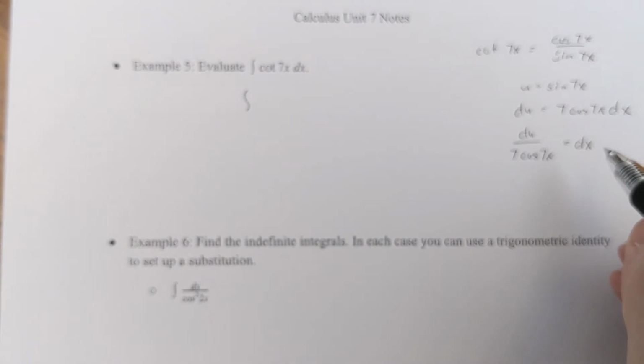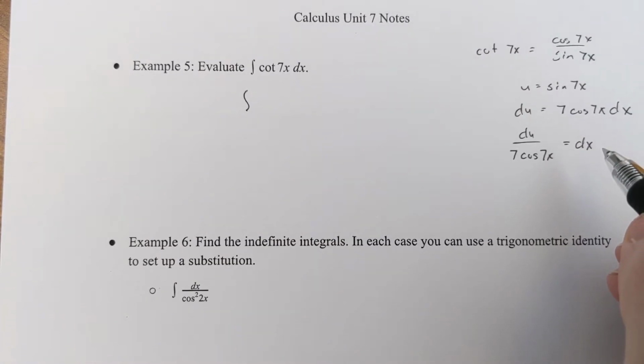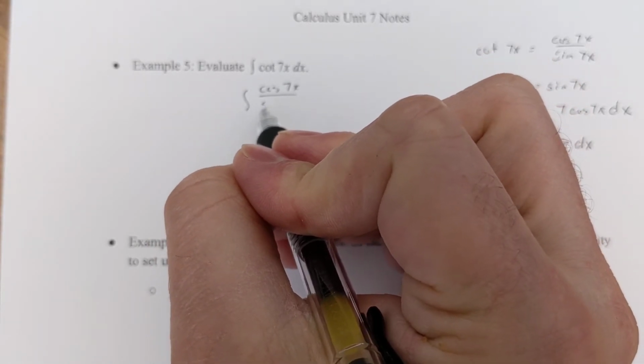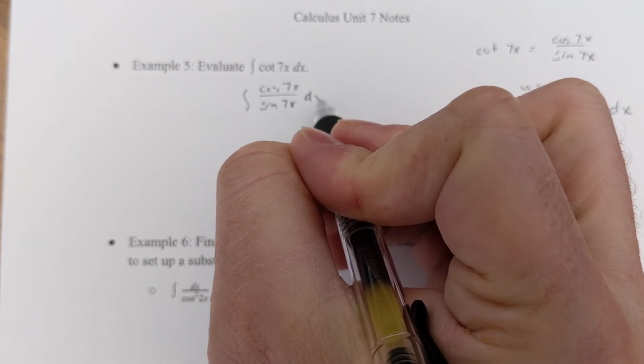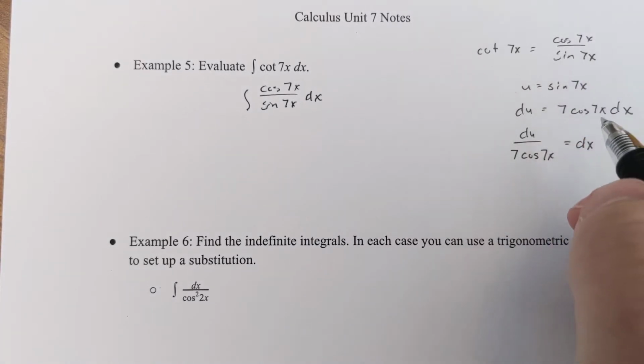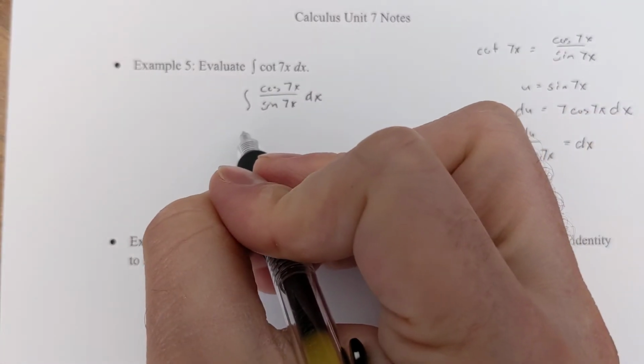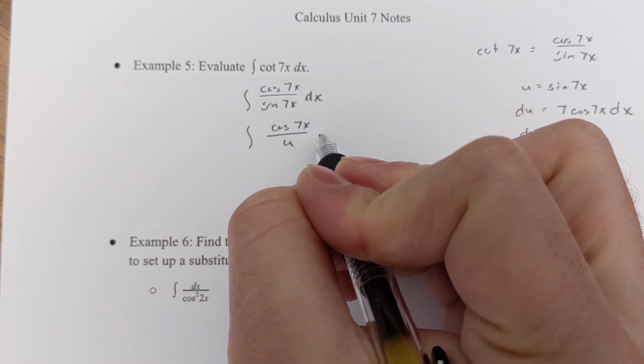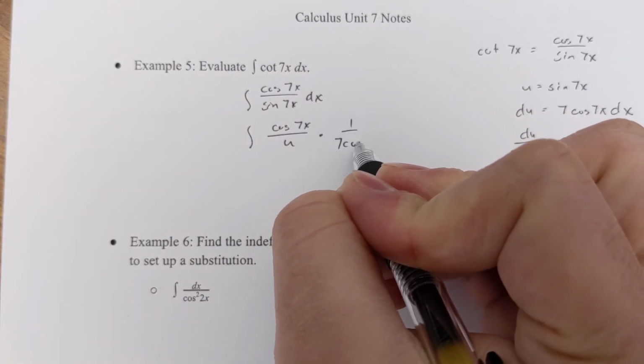Let's see how to write this. So I'll write it using this substitution. If u is sine 7x, this is the antiderivative of the cosine of 7x over u times du over 7 cosine 7x.